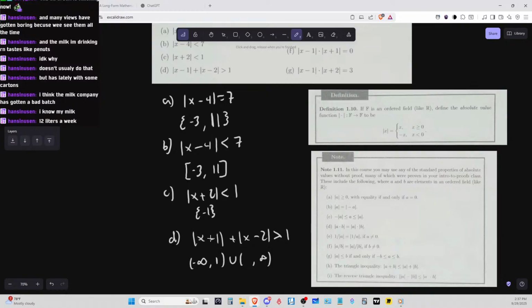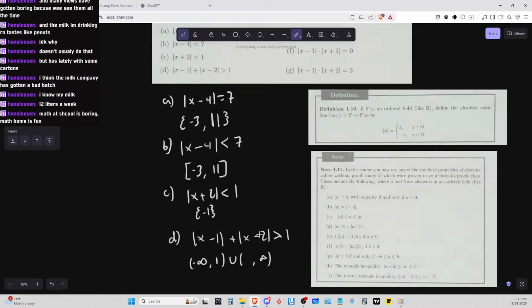So 1 minus 1, that's 0. 1 minus 2, that's -1. Then basically that changes into +1. So if you have -1 here, so then -2, and yeah, that still works.